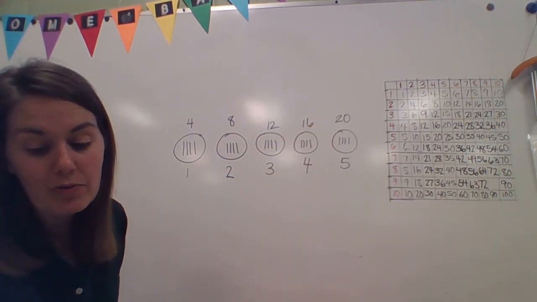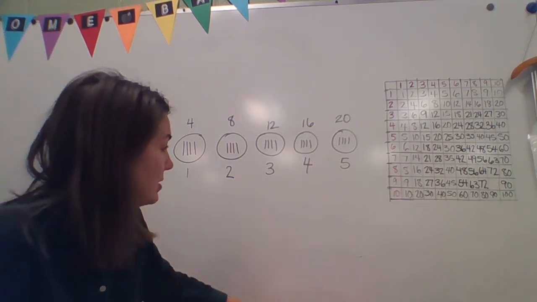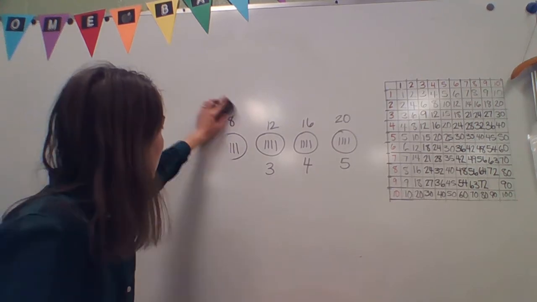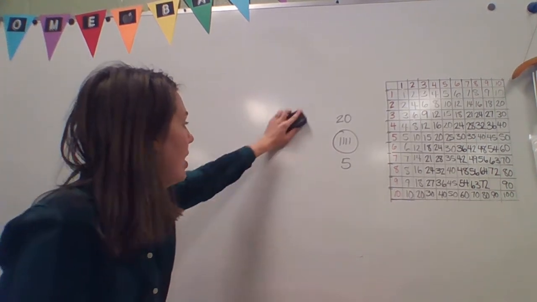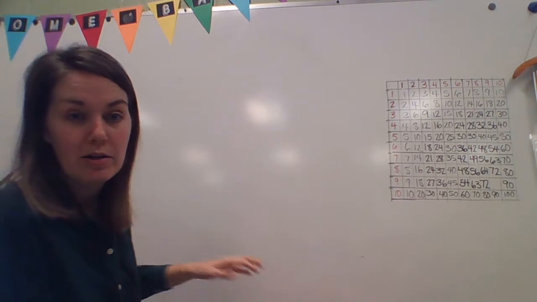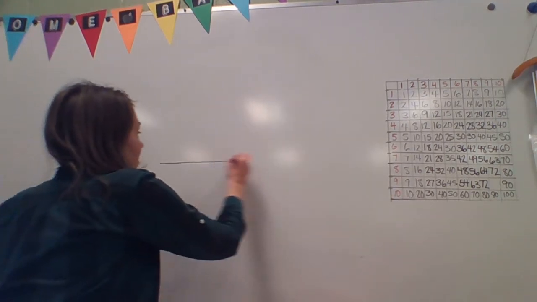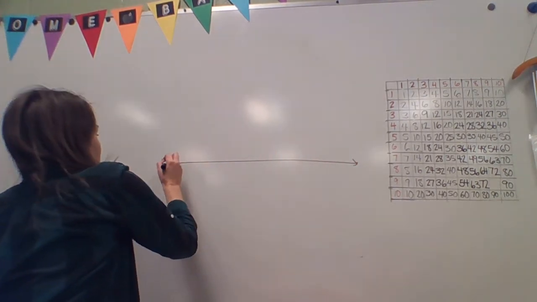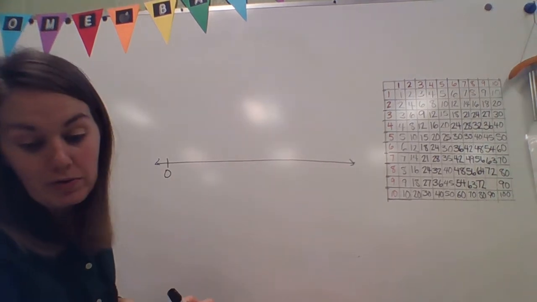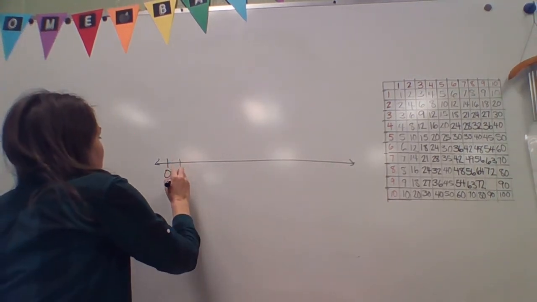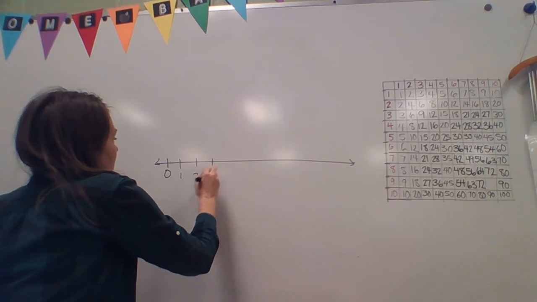All right, number 9, what are the first 5 multiples of the number 3? Okay, so remember, multiples are the products that have a shared number. So let's go ahead and use a number line for this one. And since we're talking about 3s, I'm just going to go ahead and label my number line.